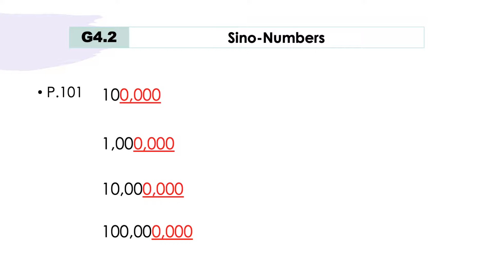You can actually read your textbook page 101. So now, let me see. So this is 100,000 in English, but we do use a slightly different unit system. So this should be 10만. If you see 4 zeros, it's 만.